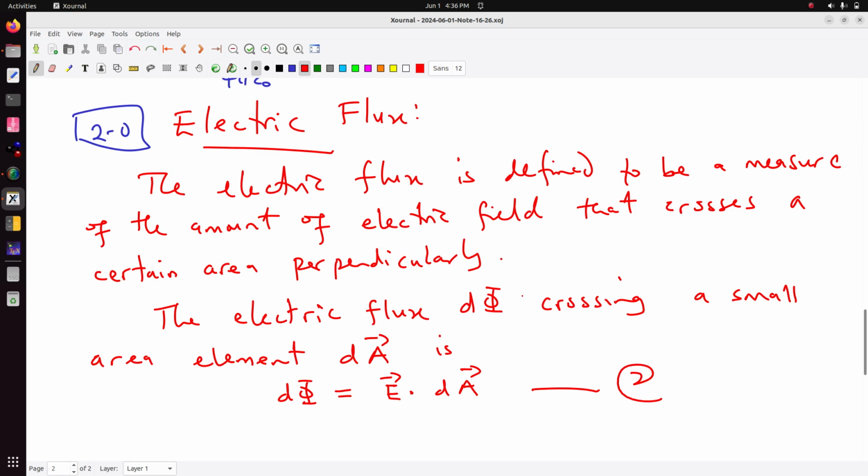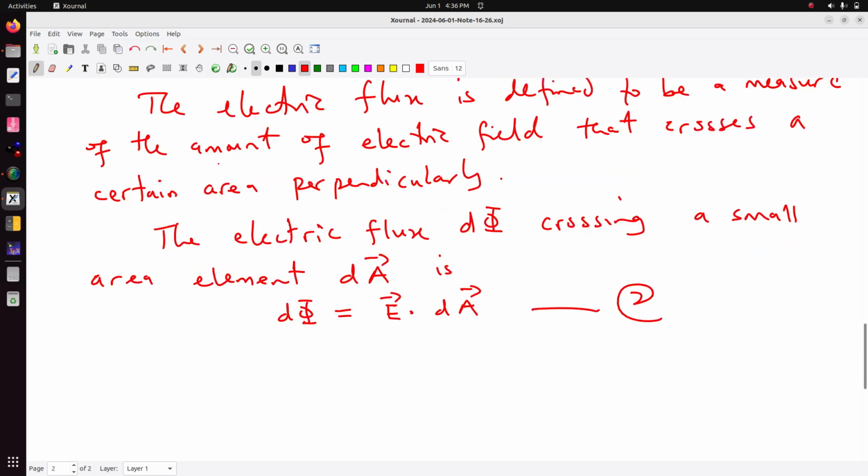Okay, so this is shown in equation 2. So the phi is the flux that crosses a small area element dA.